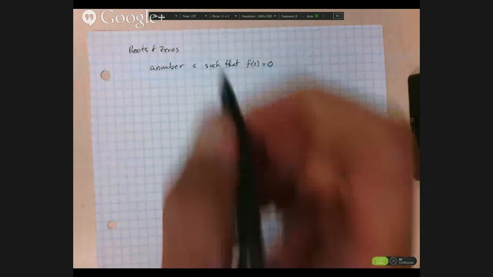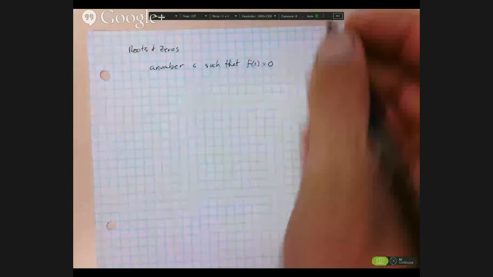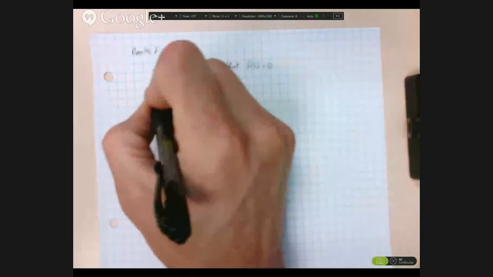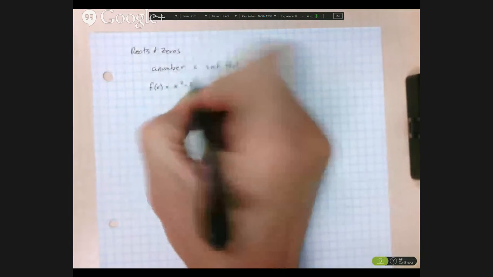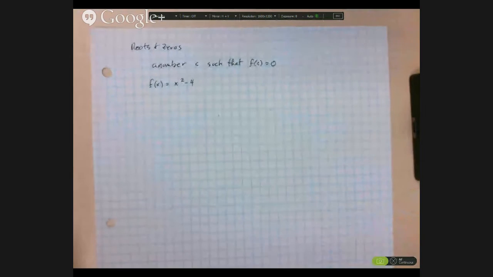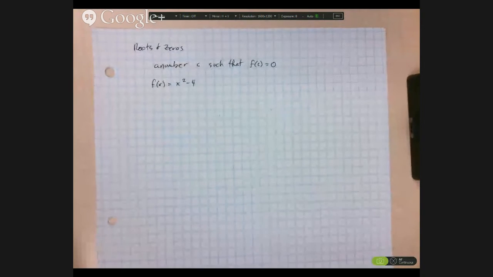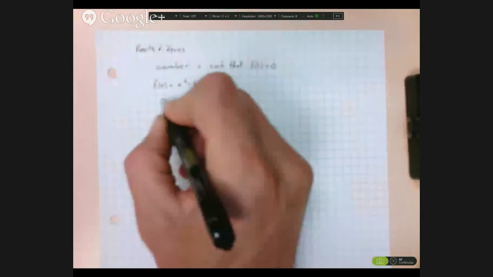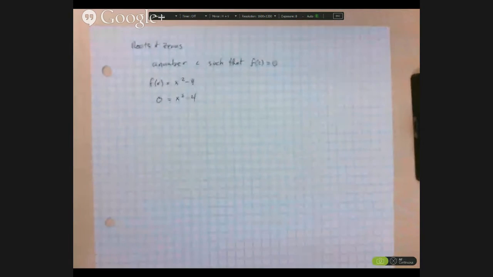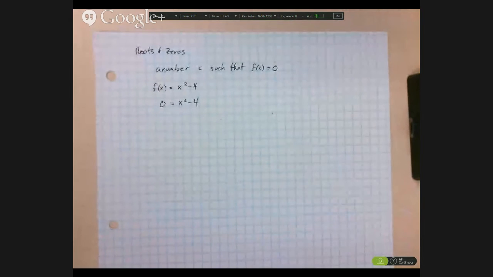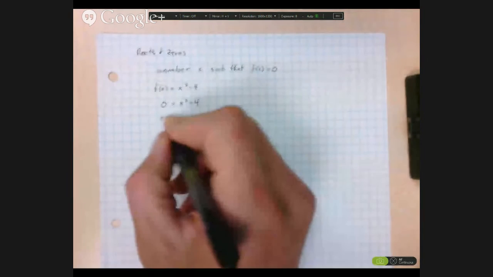There's an example in your book, example 3. But I'm going to give you x squared minus 4. I need to find some number such that this is true to find the roots or the zeros. In this case, I will have to factor.